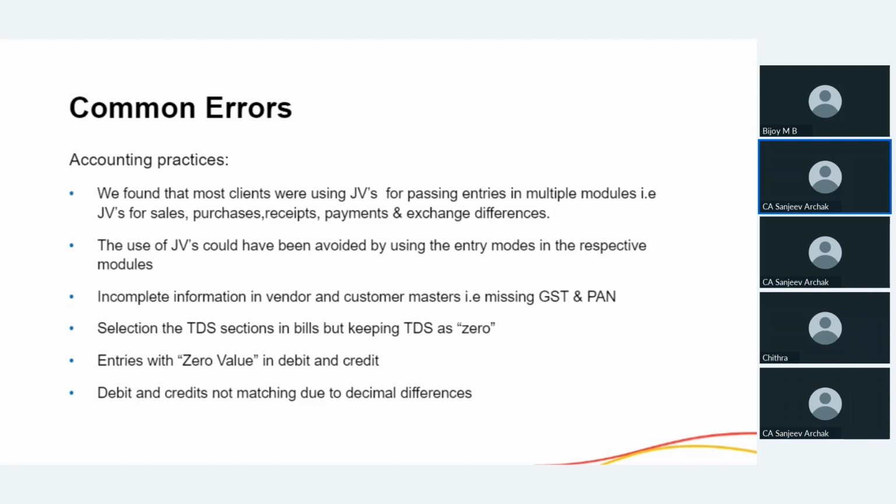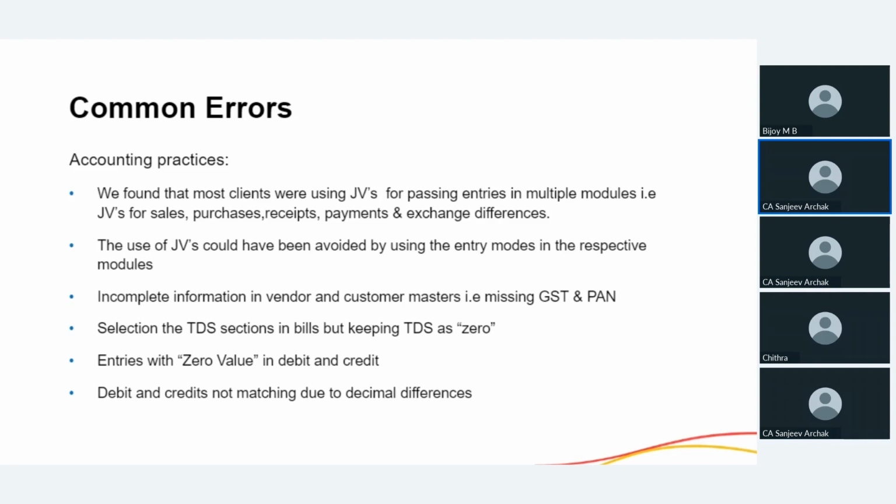Zoho Books wasn't in a position to allow those entries because it's a feature restriction within Zoho Books, right? So you still have to use a sales entry type for raising an invoice, an expense entry type for accounting an expense, a bill for accounting a vendor invoice, then exchange differences automatically get computed.